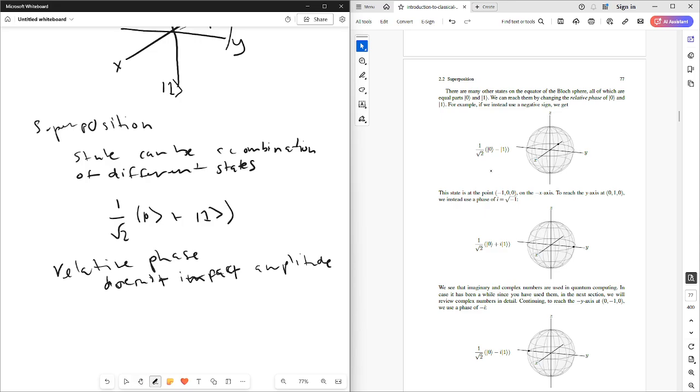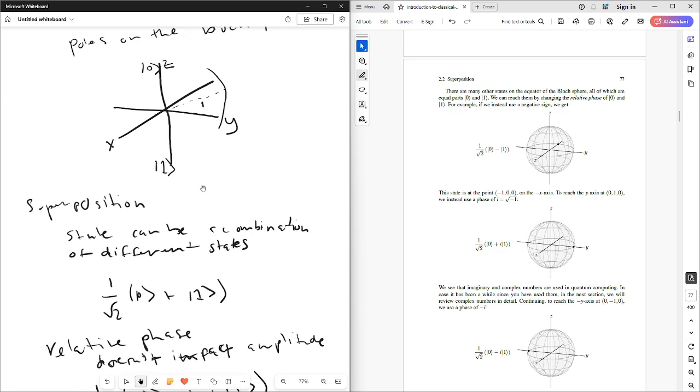So, for example, we have the same superposition, but we have i here, and that shifts us over to right here.